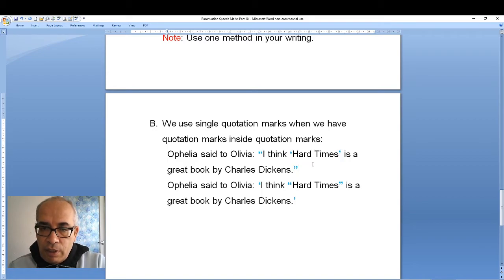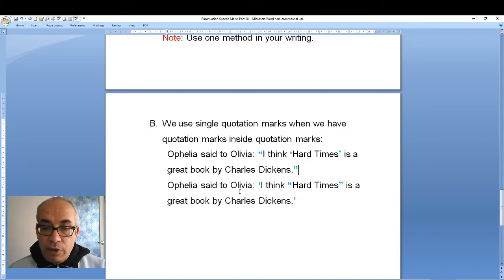Single quotation marks are used inside double quotation marks if you want. Before the sentence I use double quotation marks. After the sentence I use double quotation marks. Inside the sentence I have the name of a book. Before the name of the book I use single quotation marks. After the name of the book I use single quotation marks.